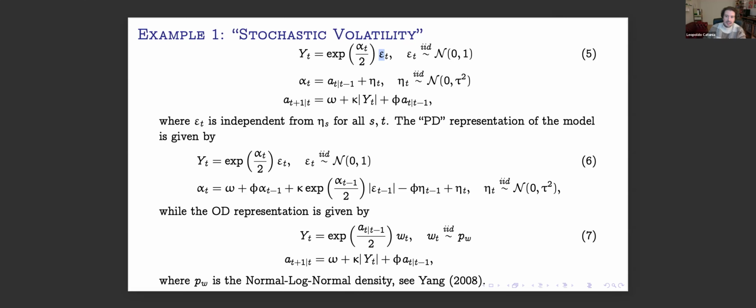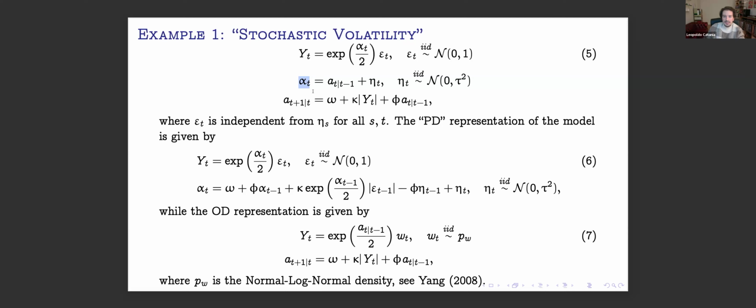So we can start from the model in 5. We can perform model estimation by maximum likelihood by resorting to the representation in 7. We can compute filtered or predictive densities of the state variable alpha t using the formulas I showed you before.